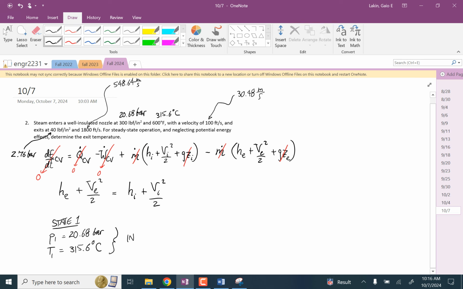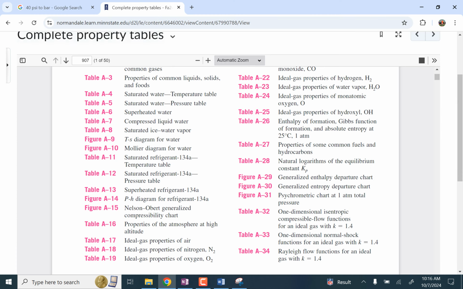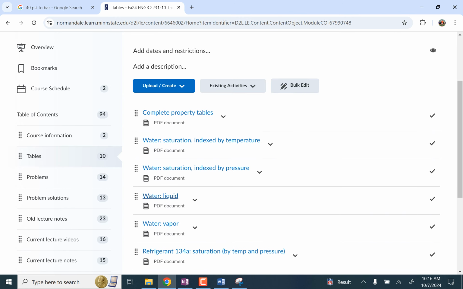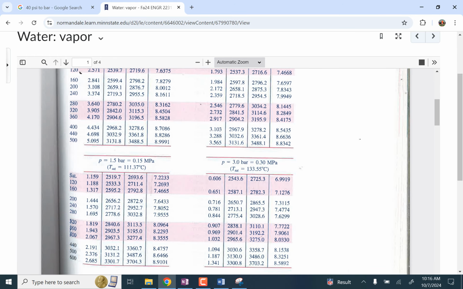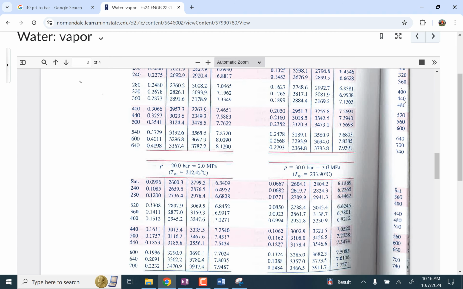So you would have to interpolate this, and it should give you something like a specific enthalpy of, let's see, 20 bar, 320.